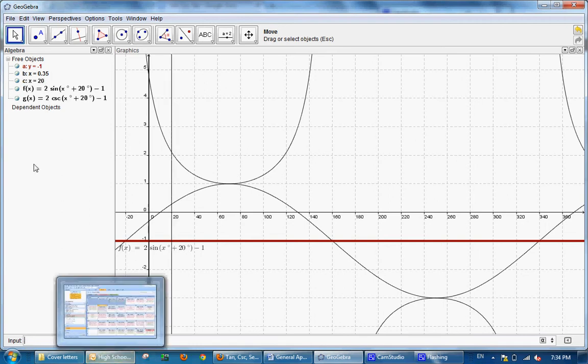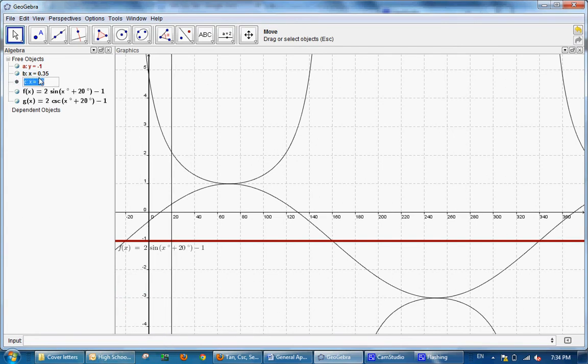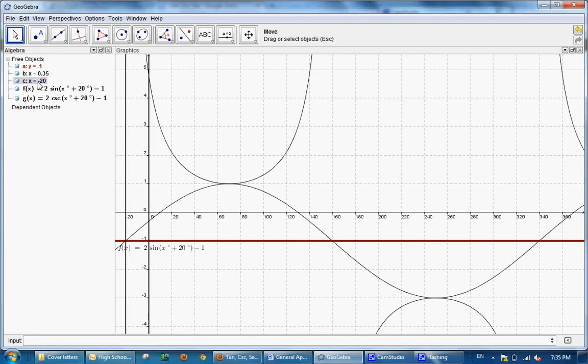And I think I wanted -20, didn't I? So I'm going to change that to -20, and boom, we got an asymptote. And we probably wanted one at 160 as well, so x equals 160.